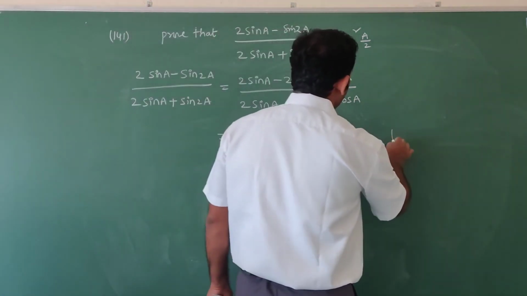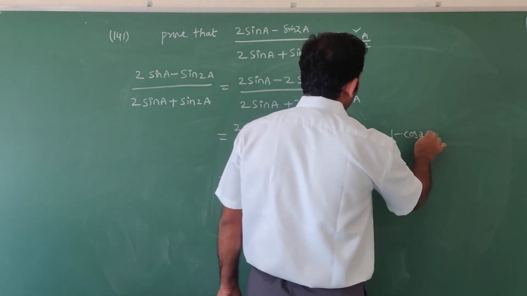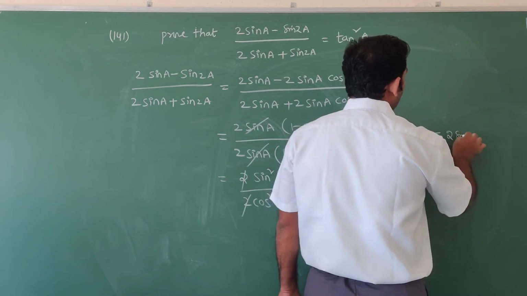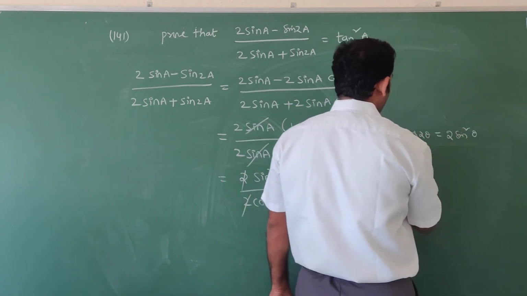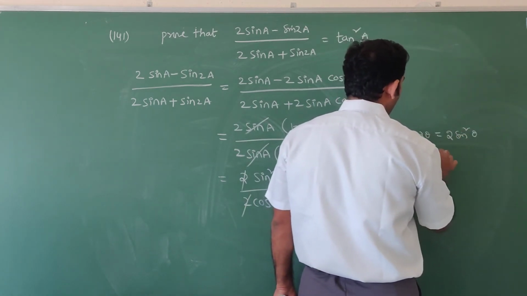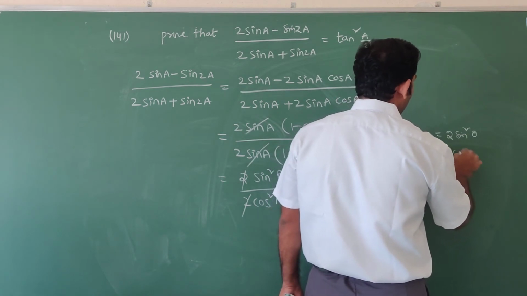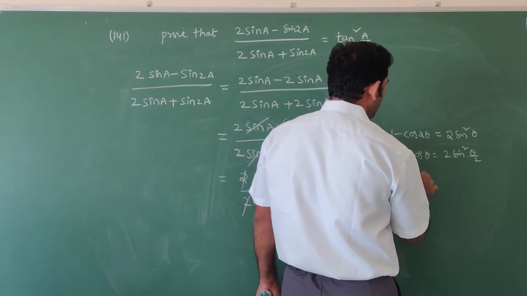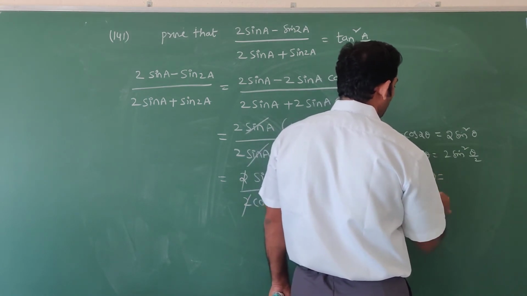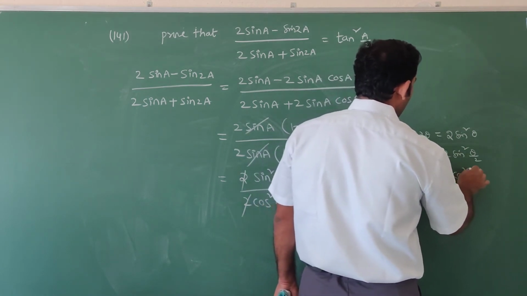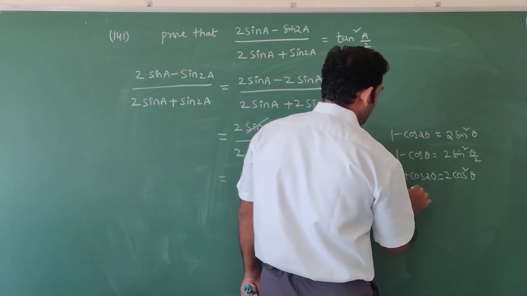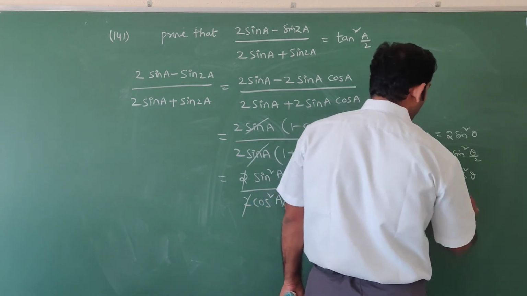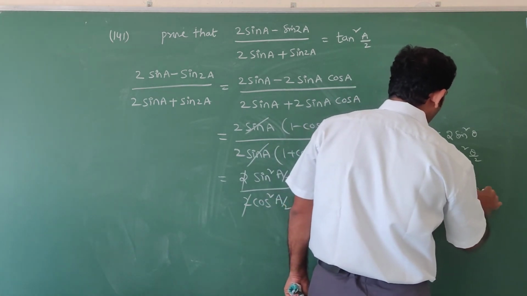These formulas you write beside: 1 minus cos 2 theta equal to 2 sin square theta, so 1 minus cos theta equal to 2 sin square theta by 2. 1 plus cos 2 theta equal to 2 cos square theta, so 1 plus cos theta equal to 2 cos square theta by 2.